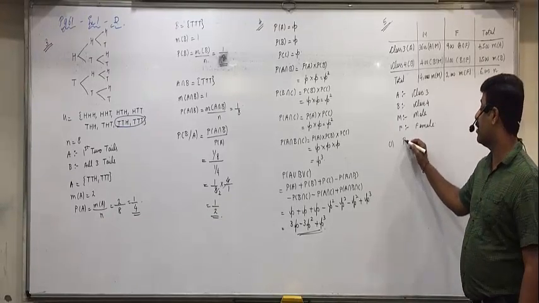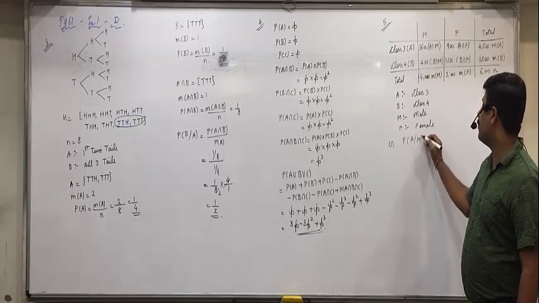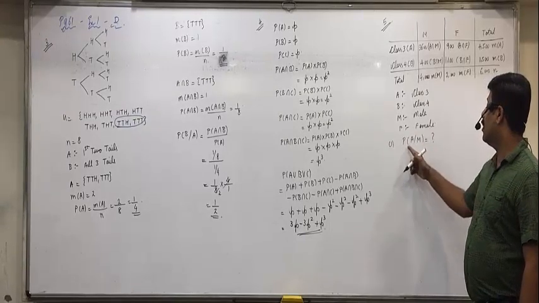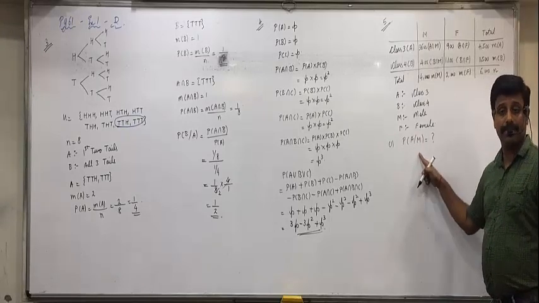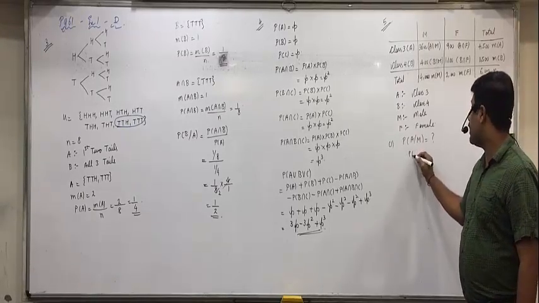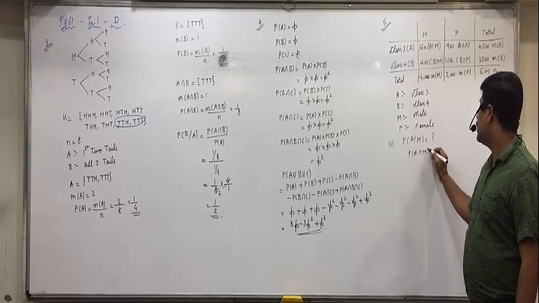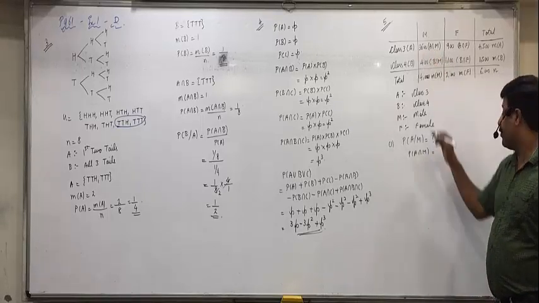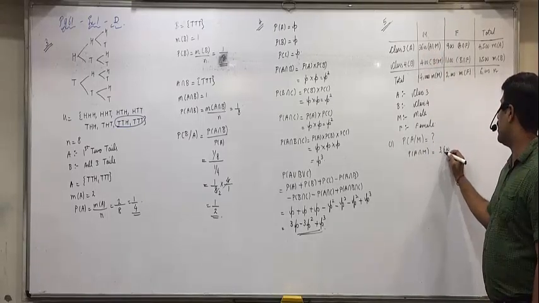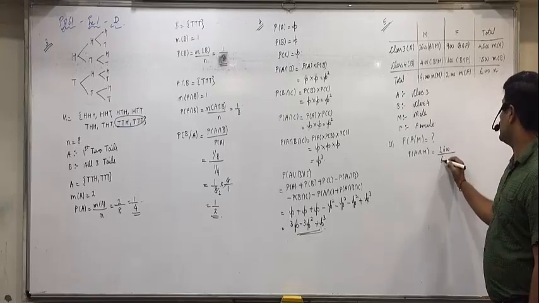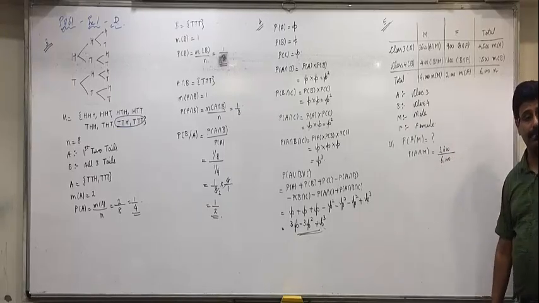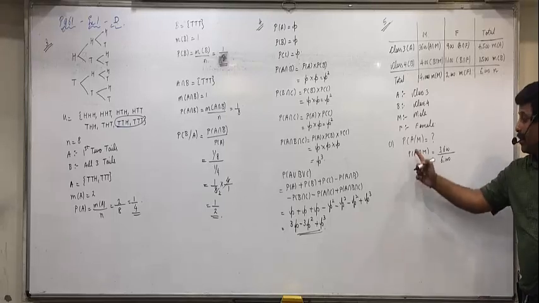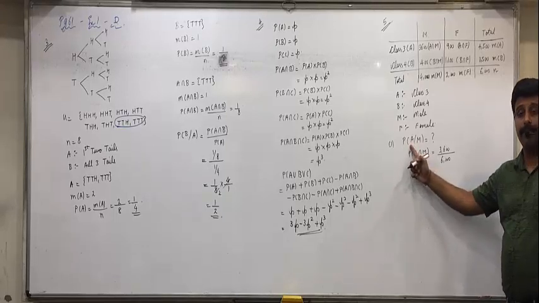P of A slash M. Now tell me, what two things will be required for this? A intersection M. See the question. A intersection M, 3600 upon 6000. Got it? What else do we require for this?